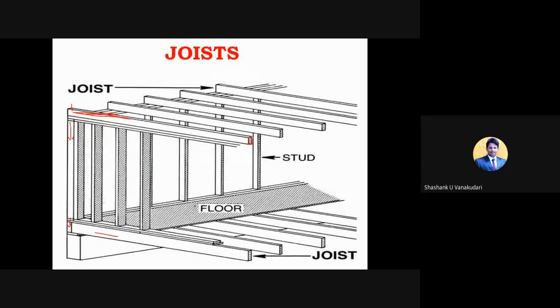So whatever beams they provide, again the horizontal members will come, and these joists rest on top of those horizontal members. This load is transferred vertically through the respective members like beams and then studs and then to the floor members.